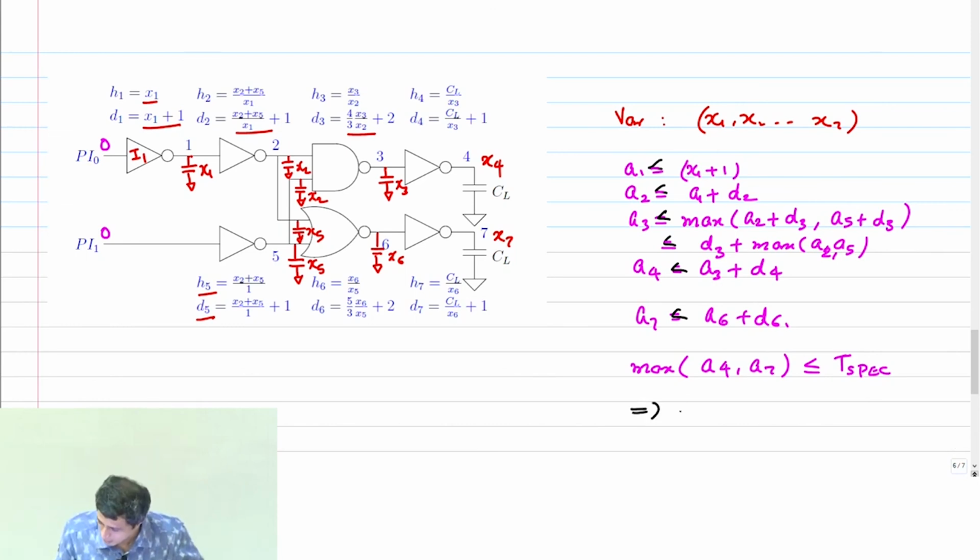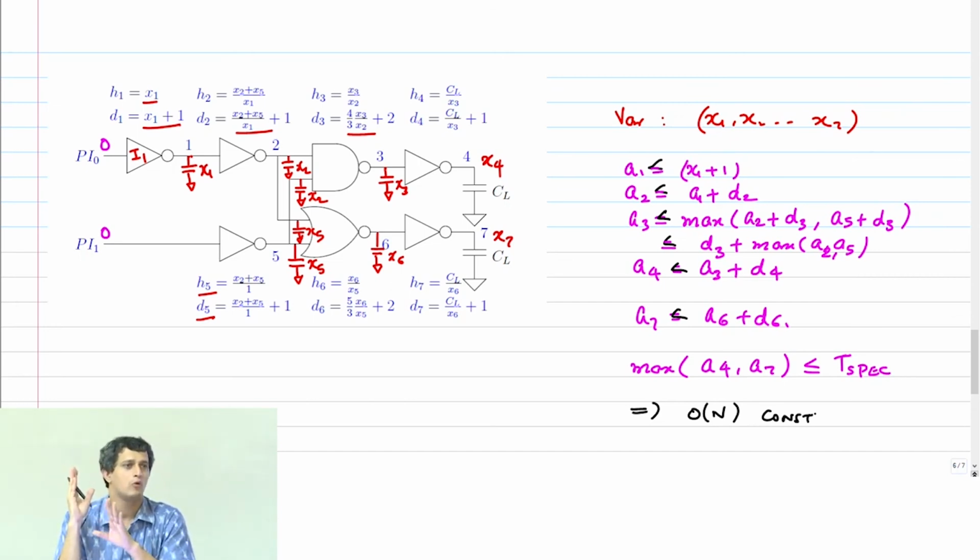This is O of n constraints. Thereby, even if you give me a circuit with 1 million gates, I can solve it in reasonable time because the number of constraints is only O of n. Second, I can guarantee that that's a global optimum. There is no other solution which will give you a better delay or a better area for that given delay.